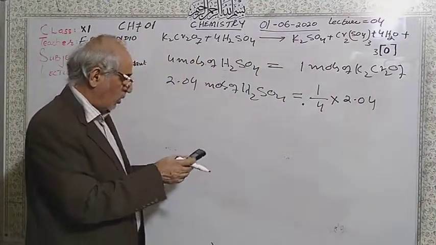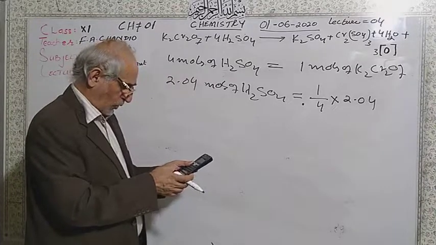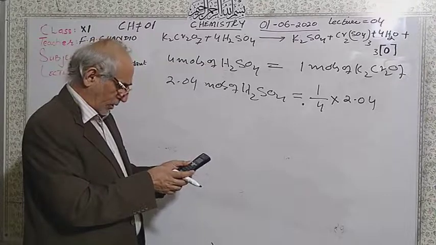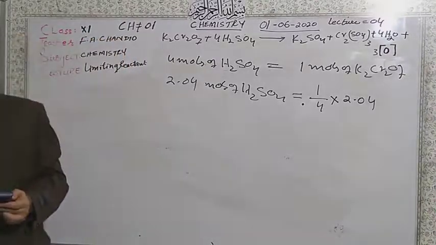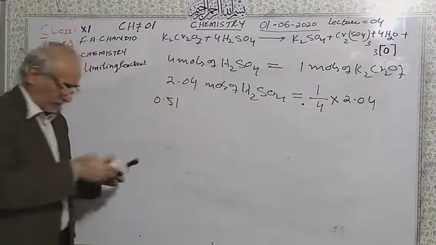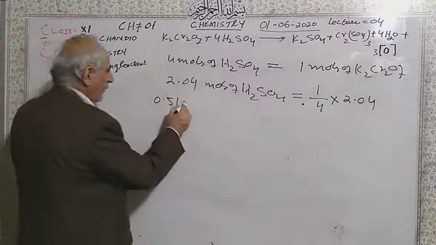So 1 divided by 4 multiplied by 2.04. The answer is 0.51. Yes, so 0.51.